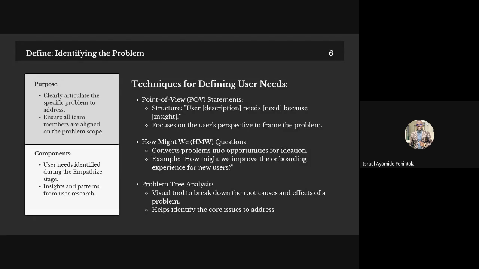So now say, for example, we want to provide water for the local community. You can say community A. Now, another thing I need to point out in your problem definition is that you don't generalize users. You don't say people. You should know that whatever product you are bringing into the market has target users.